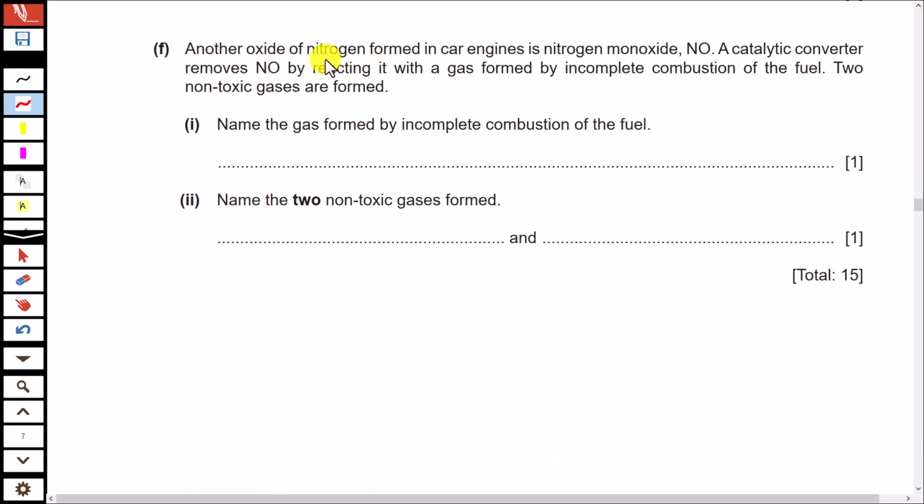Another oxide of nitrogen formed in car engines is nitrogen monoxide. A catalytic converter removes NO by reacting it with a gas formed by incomplete combustion of fuel. 2 non-toxic gases are formed. When there is incomplete combustion of fuel, carbon monoxide is produced. So the first answer will be carbon monoxide, and that gas is used to reduce nitrogen monoxide to nitrogen.